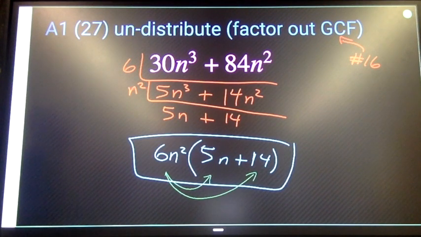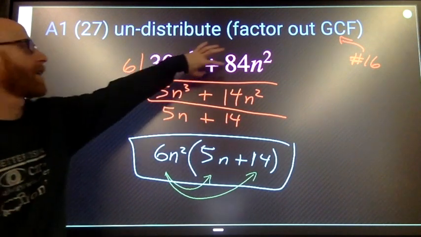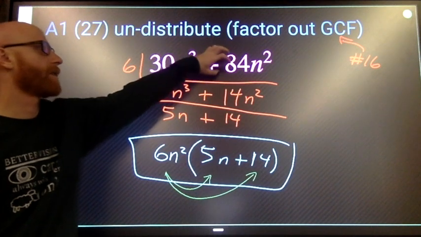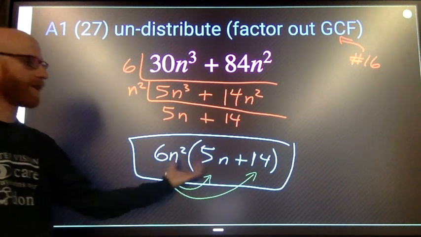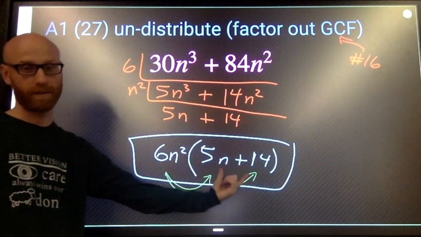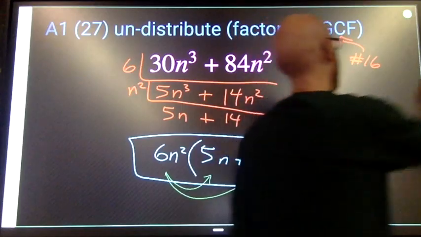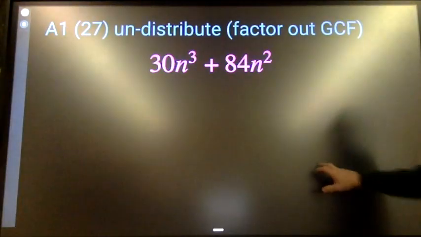Okay, so we are undistributing. We're pulling the greatest common factor of these things out front. And any factors that we can't pull out get left behind. All right? Let's look at another few like this.